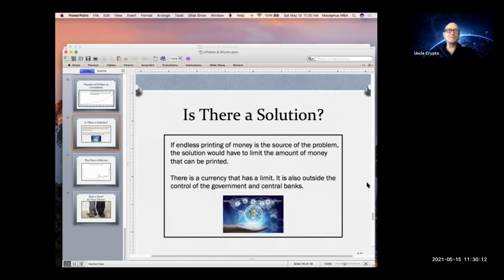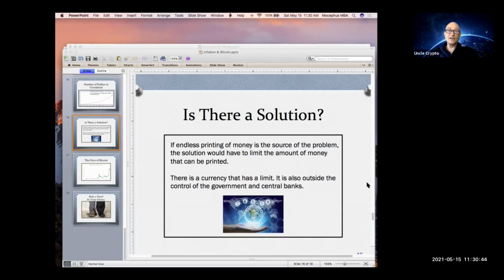So fiat money is money that is commanded. And what we have in the United States today, and in Germany and in England and in France and many, many countries around the world, the developed countries, is we have fiat money. What backs it are the guns and soldiers that say you have to use this money. And so the endless printing of money, which is fiat money, is a source of the problem. The solution would have to some way limit the amount of money that can be printed.